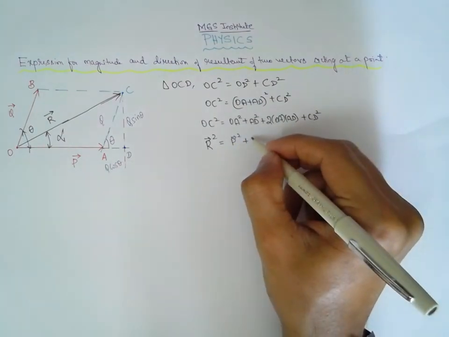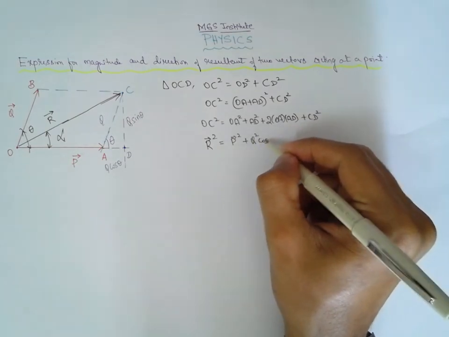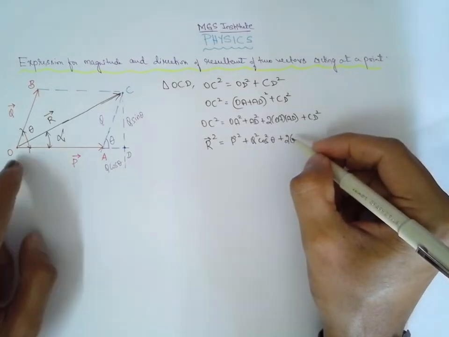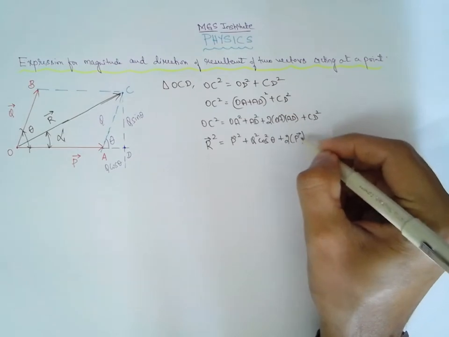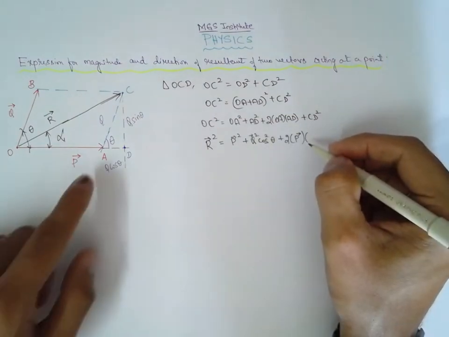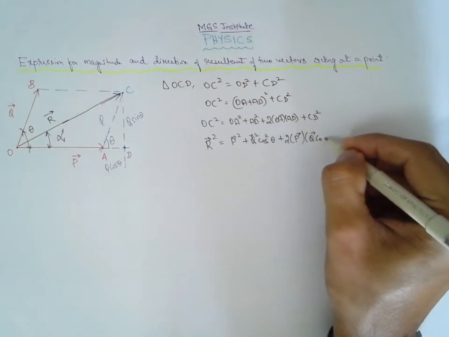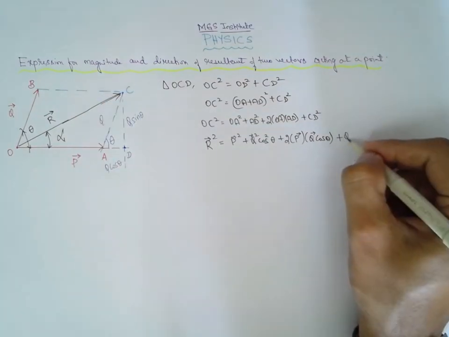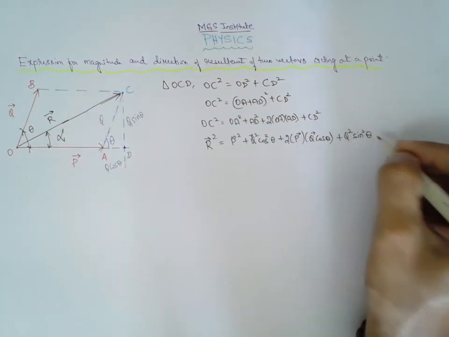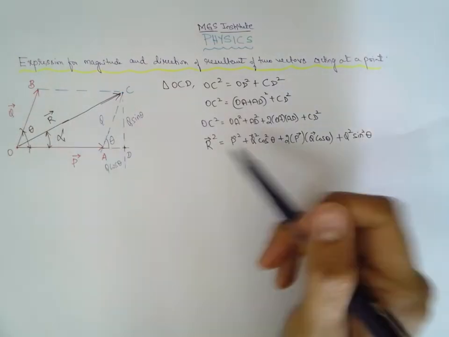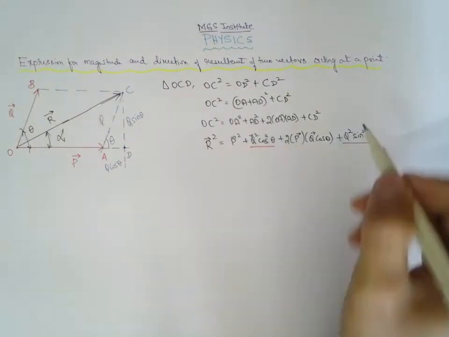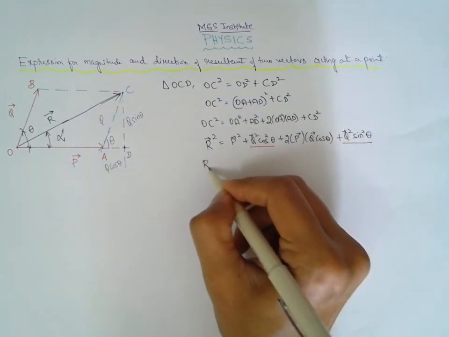AD is Q cos theta, so Q square cos square theta, plus 2 times OA, which is vector P, and AD, which is Q cos theta, plus CD square, which is Q square sin square theta, right? In this, we notice Q square cos square theta and Q square sin square theta, so Q square can be taken common.